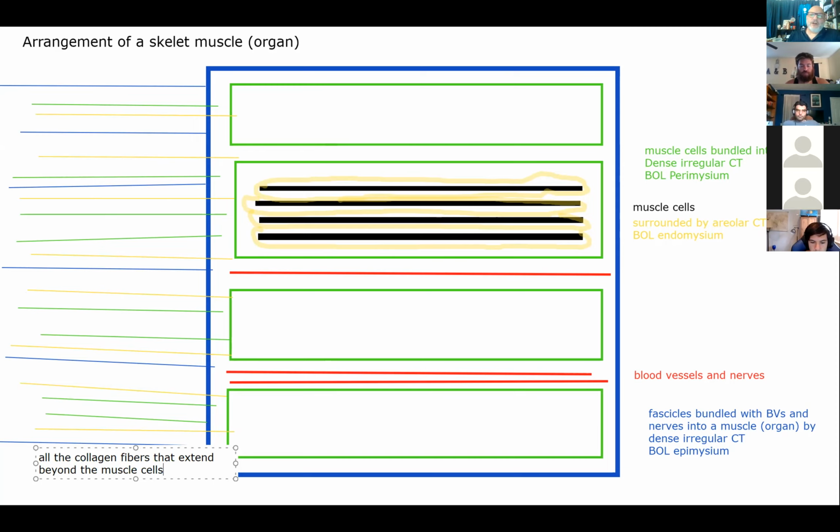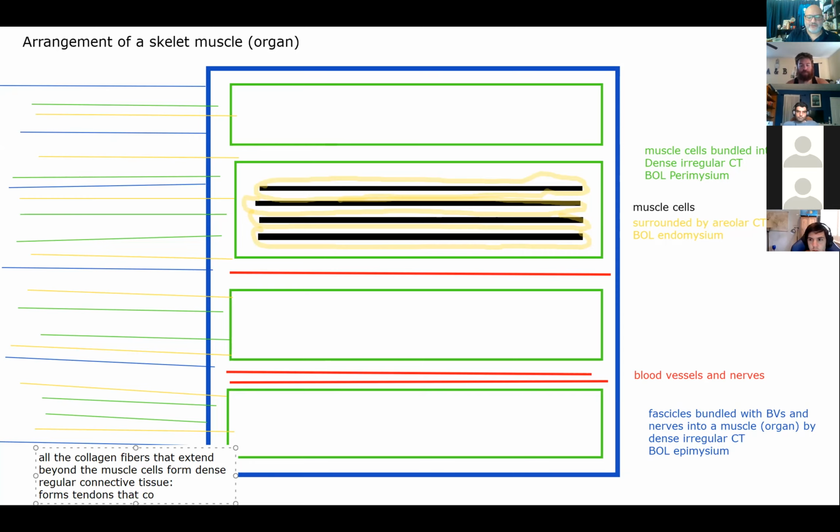One might even argue they form very regularly arranged collagen fibers, forming a dense, regular connective tissue. And what do you think the function of this dense, regular connective tissue extending off from the muscle cells might be? Tendons connect to the bone. Exactly. Excellent. It forms the tendons.